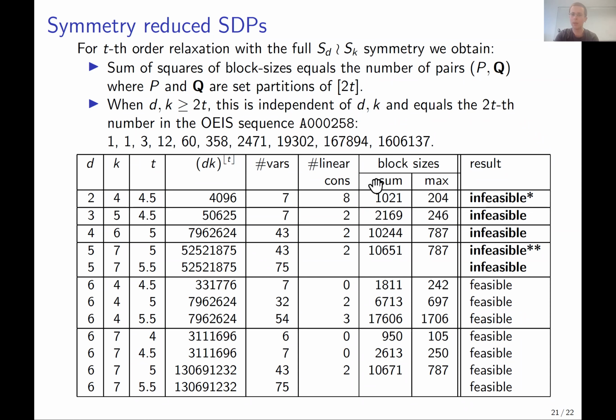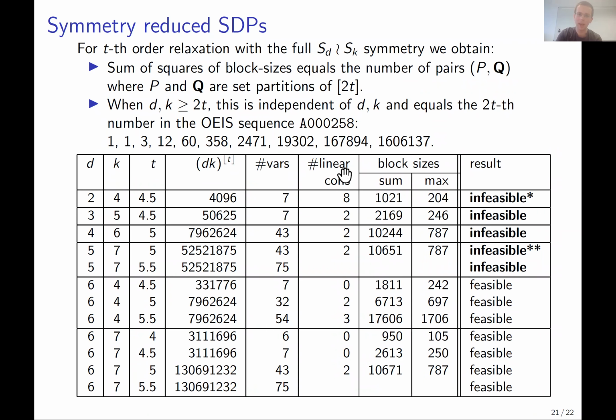We show both the sum and the maximum of the block sizes. Typically the maximum of the block sizes is the limiting factor for whether you can solve your SDP on a computer. This stays relatively reasonable, but it does grow quite quickly at the end. So there's still a limit to what we can compute.